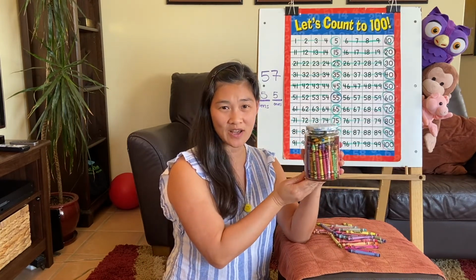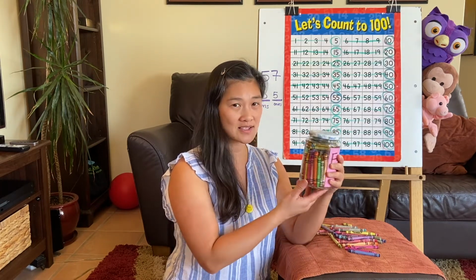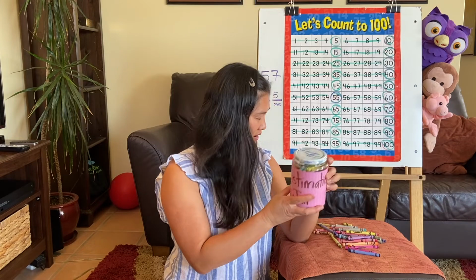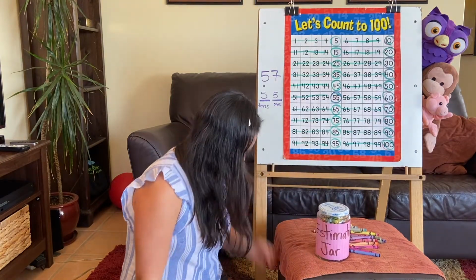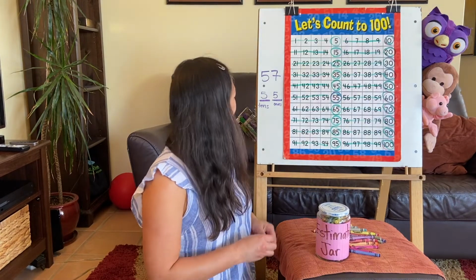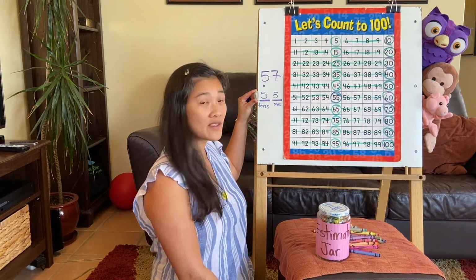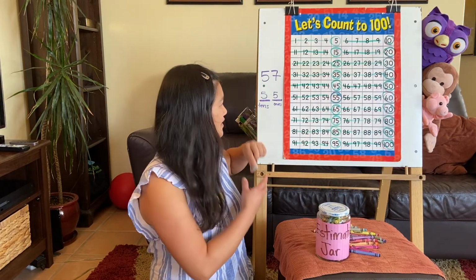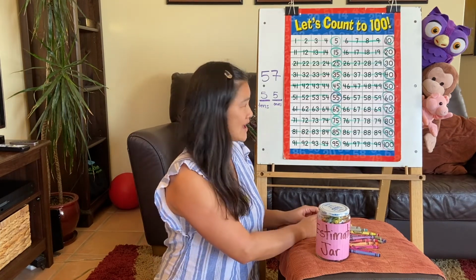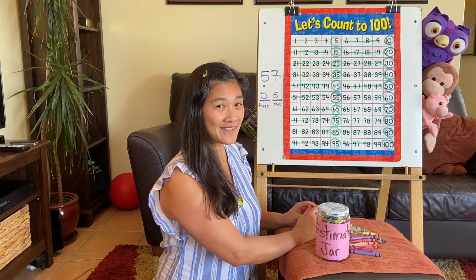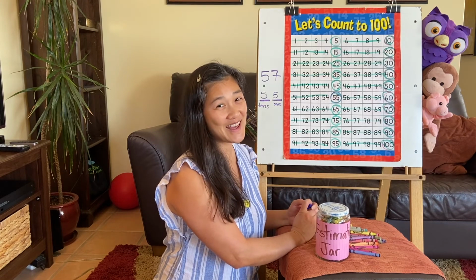What is your estimation? How many crayons do you think are in my estimation jar? Do you think there are more than the rocks? Where's my rock? Here it is. Do you think there are more than 55? Do you think there are more than 57? Or do you think there are less? Okay? Tell me what you think.